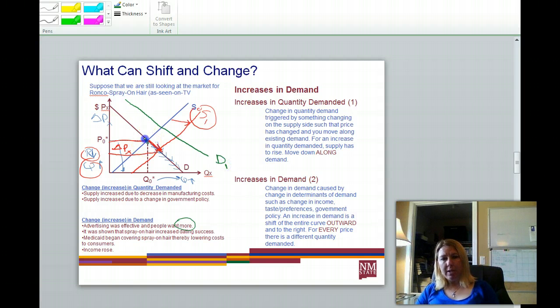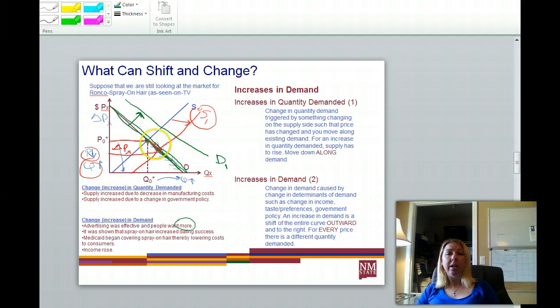So let's say we started right here on our initial demand curve. If demand shifts outward due to any of the changes in the determinants of demand, and the changes in demand can be government policy, income, anything but a price change, tastes and preferences, all those things are going to shift your demand curve.